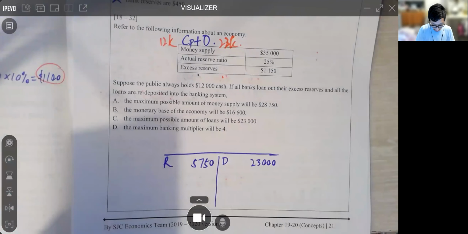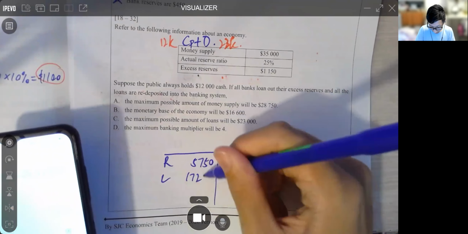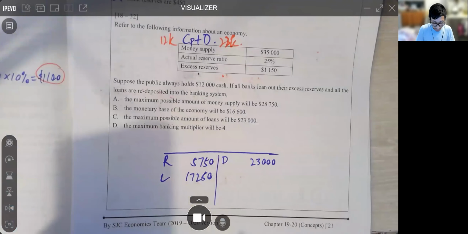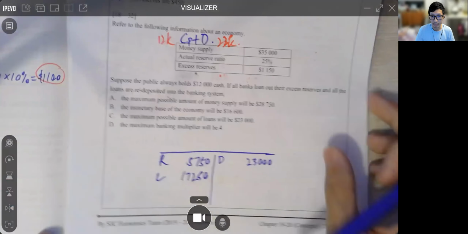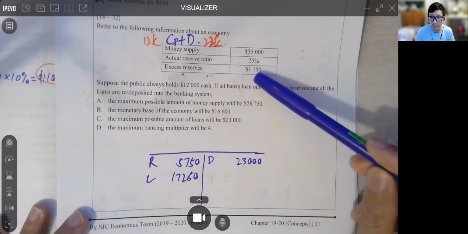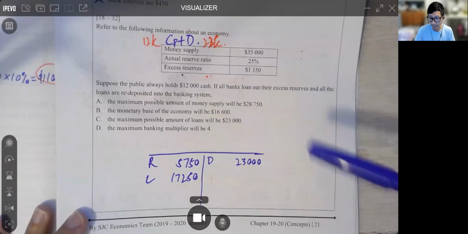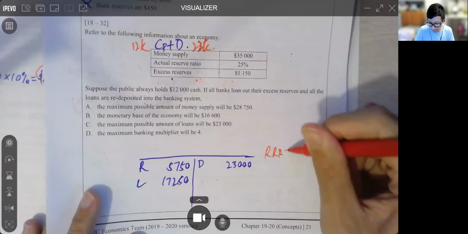Okay, and loans would be, now this is the situation. Now, 好啦，佢講明啦，there is an excess reserve of this amount. So boys, what would be the required reserve ratio?